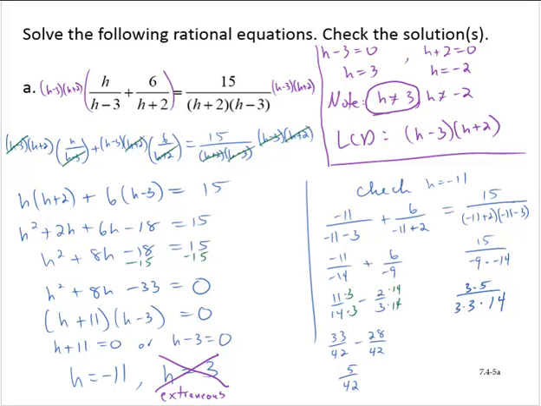But now notice I can reduce out a factor of 3, leaving me with 5 over 42. So it does check out, and h equals negative 11 is a solution of the equation. But 3 is not a solution.